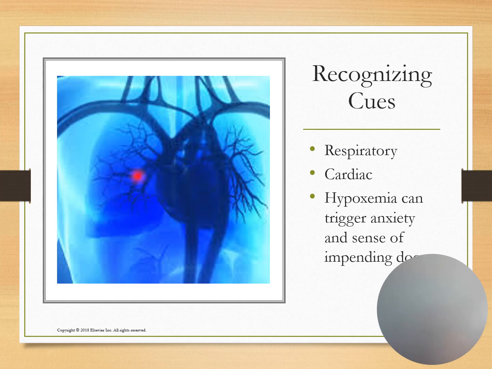But some of these symptoms would include a sudden onset of dyspnea, that sudden sharp stabbing chest pain, apprehension and restlessness from hypoxia, feeling of impending doom, cough, hemoptysis, so coughing up the blood, diaphoresis, tachypnea, crackles in the lungs. Maybe we'll hear a pleural friction rub. The client will have tachycardia.